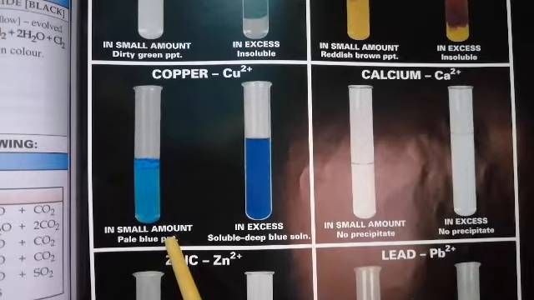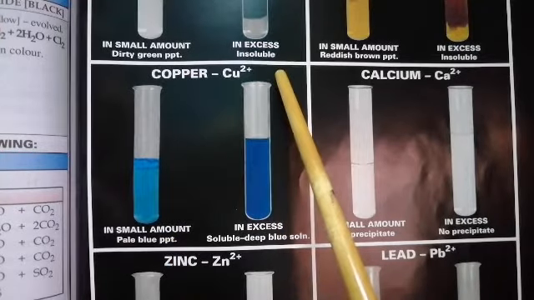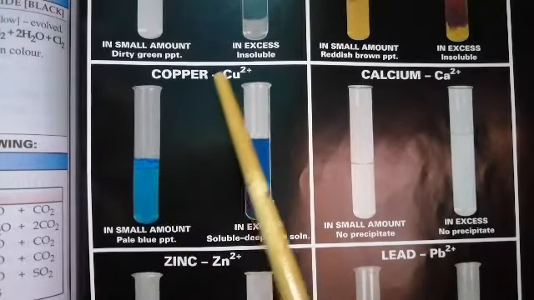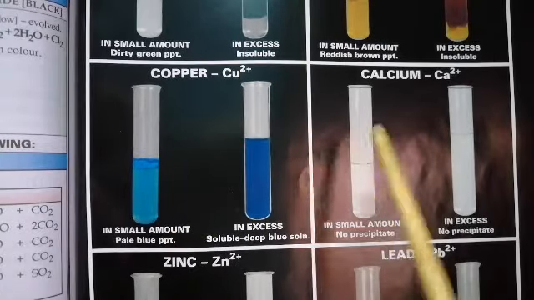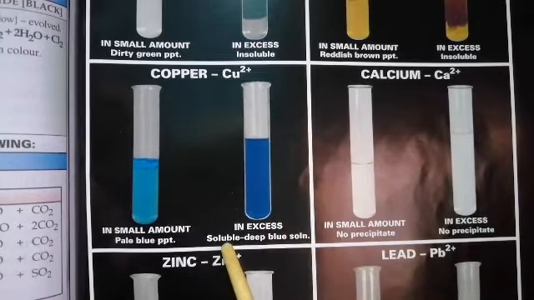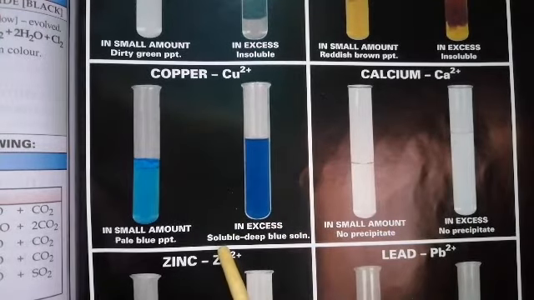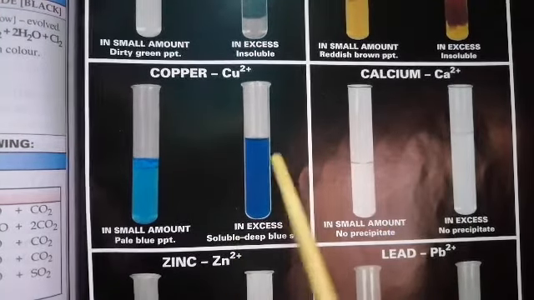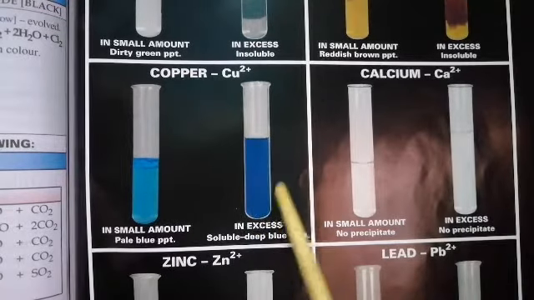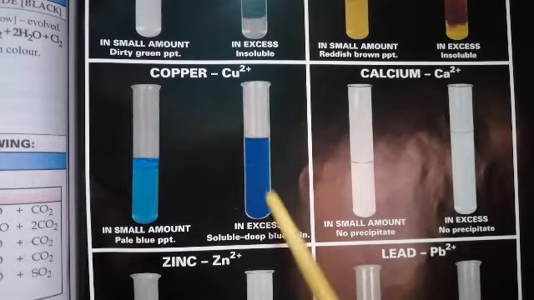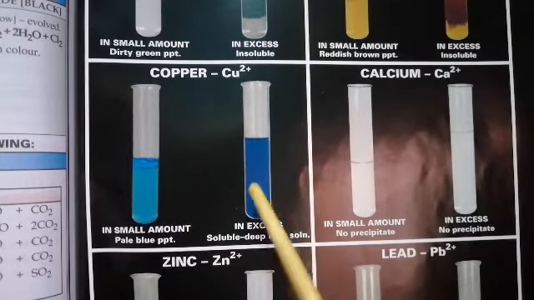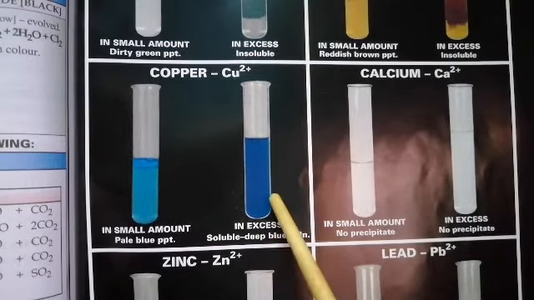Now I add excess of ammonium hydroxide to this. What do you see? In excess, it is soluble, and a deep blue solution is formed, more like your blue ink. This shows that it is soluble in excess of the alkali ammonium hydroxide.